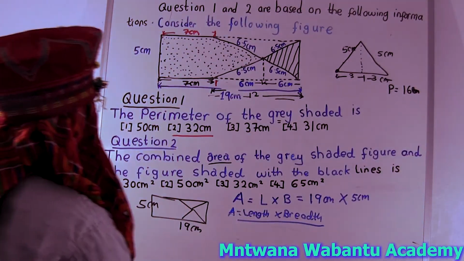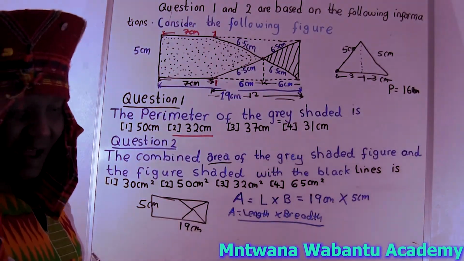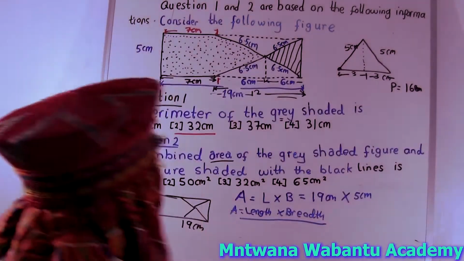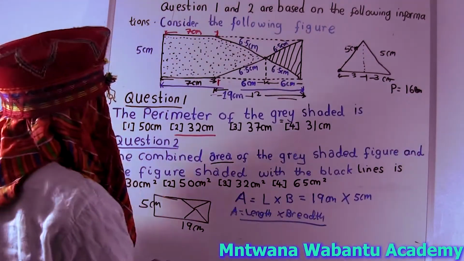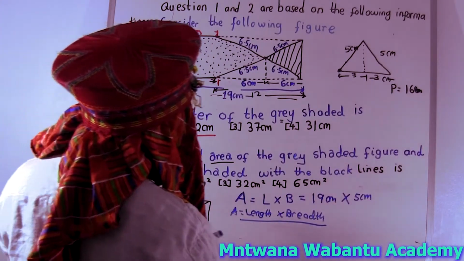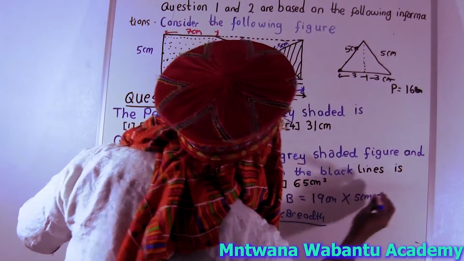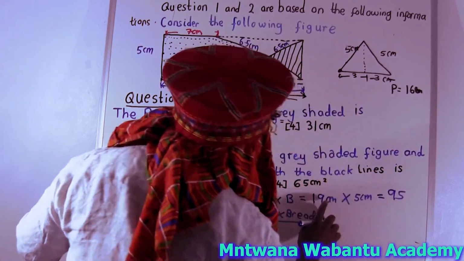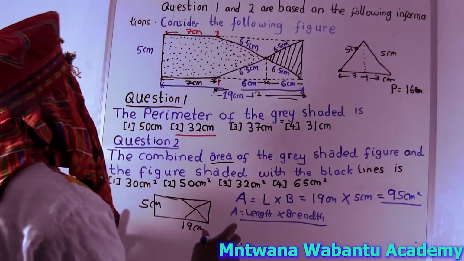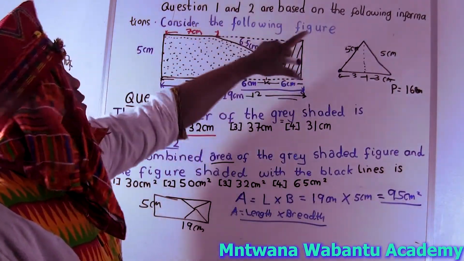Okay, so now 19 times 5, take a calculator. 19 times 5 is going to give us 95, I think. So yeah, 19 times 5 equal to 95 centimeter square.